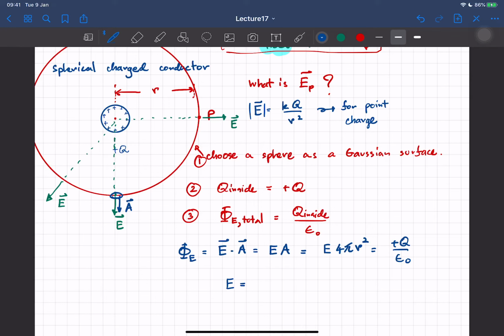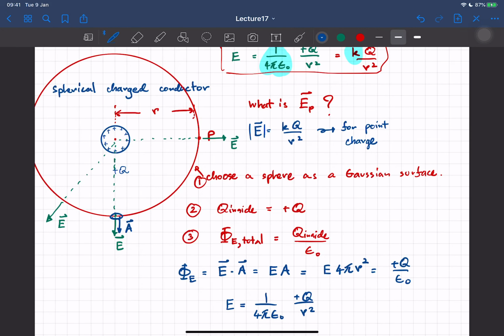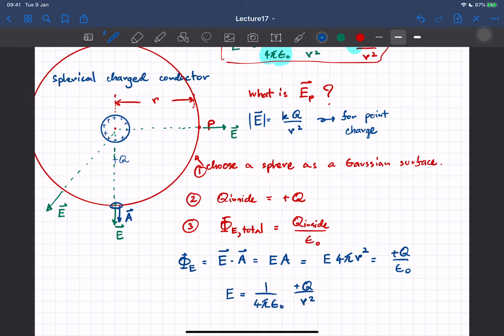So this might or might not surprise you, but the answer is that the electric field from a spherical charge, not the point charge, actually has the same formula as the point charge.